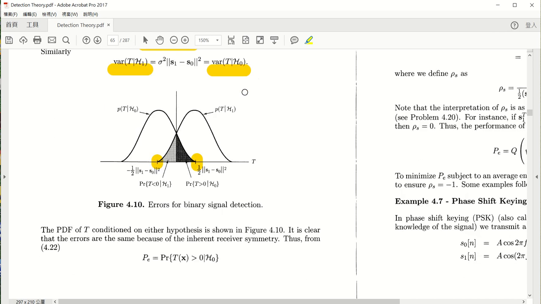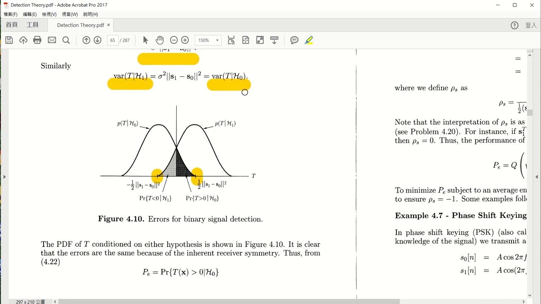Then what's the error? If we just look at this PDF, the error is going to be, because you're making decisions on this, therefore this area is the error for h1, where you are making a mistake on h0.